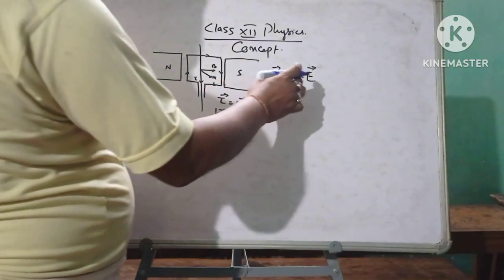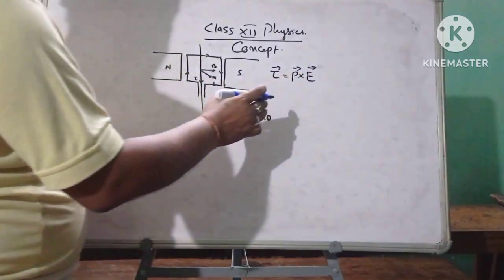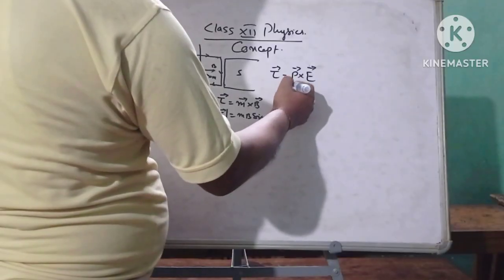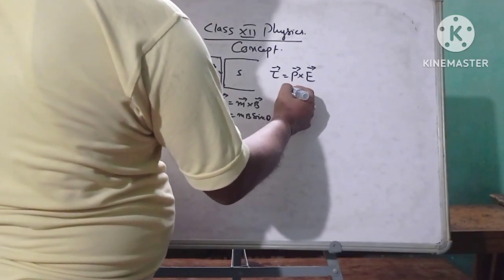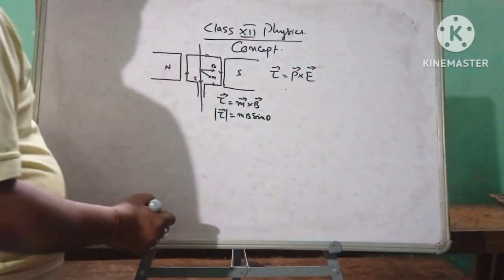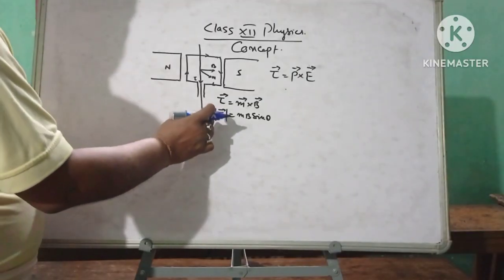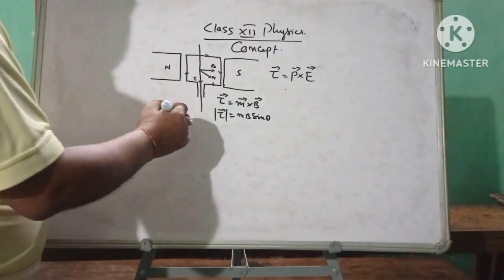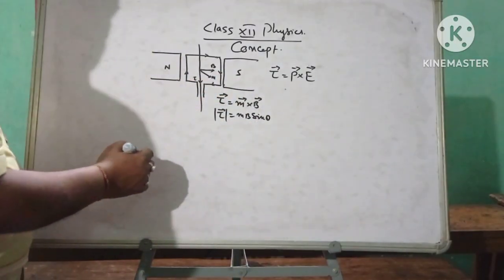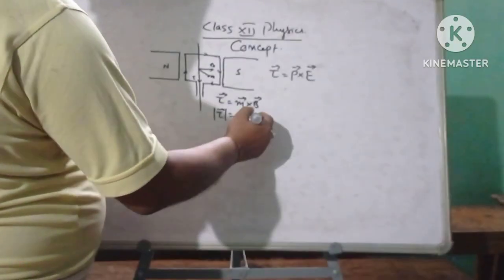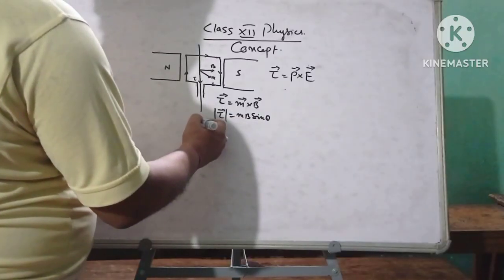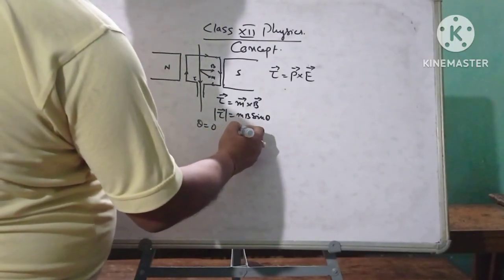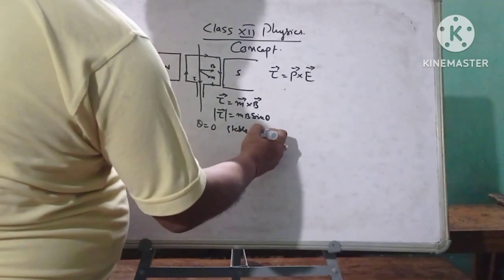The electric field will produce a torque which will align the dipole parallel or anti-parallel to the electric field. Here the same case: it will align it parallel to the magnetic field, and when it becomes parallel to the magnetic field, theta is equal to 0. So this is a stable condition, a stable equilibrium.